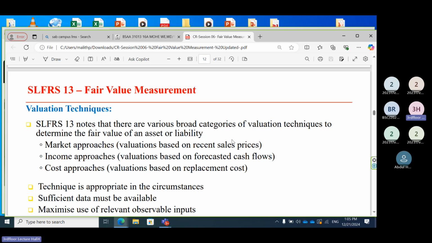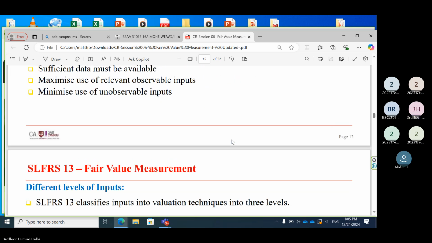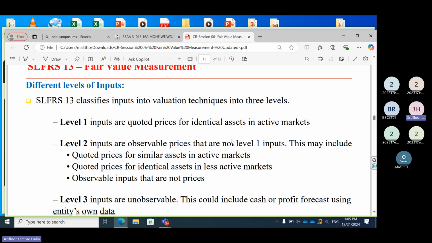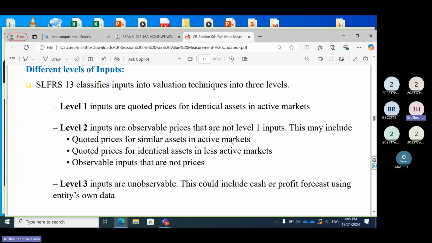So those are the basic measurement related guidelines. Based on this measurement criteria, we do the valuation. Then we can do classification according to the valuation. According to the classification, we have three different levels: level 1 valuation, level 2, and level 3.